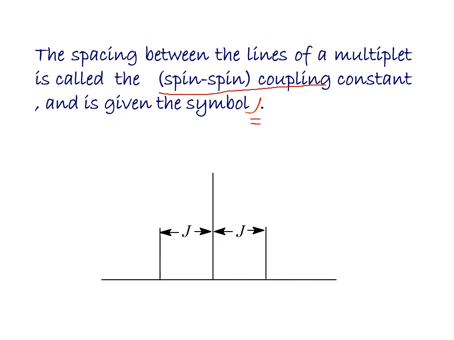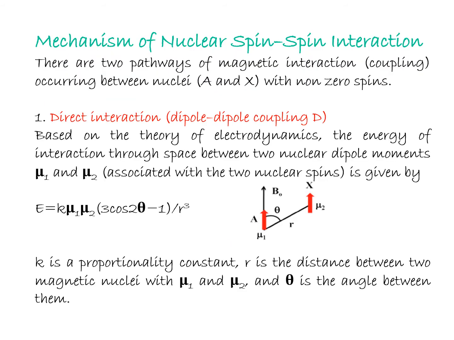Give it J constant, spin-spin coupling. But what causes this? The mechanism of nuclear spin-spin interaction.